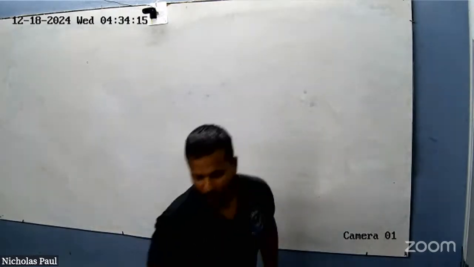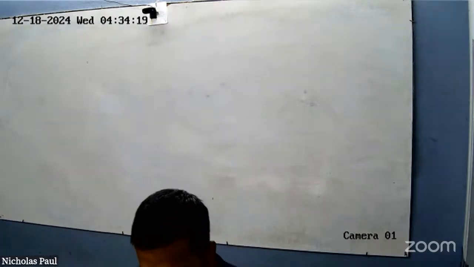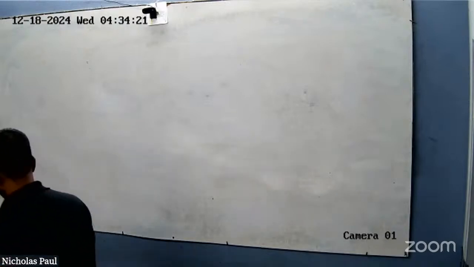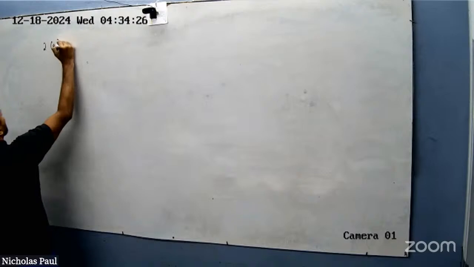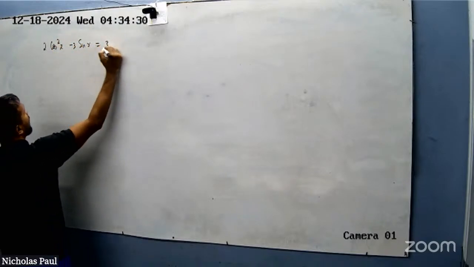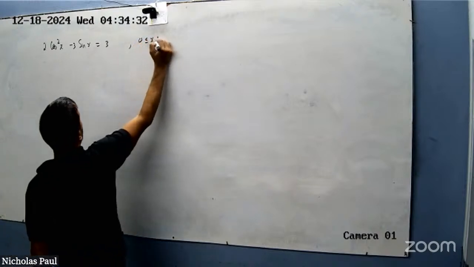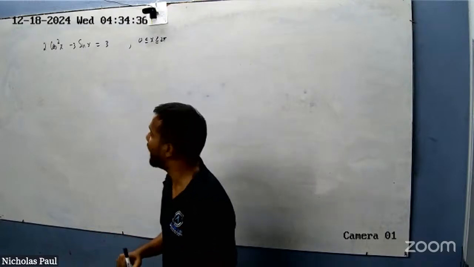All right, so I want you to try to solve this one. What was it again? 2 cos squared x minus 3 sin x, between 0 and 2 pi. Question, right?